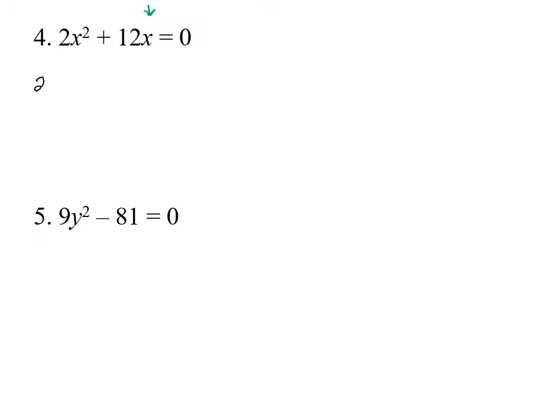And in this case, that would be a 2 and an x. 2x squared divided by 2x would just be 1x left over. 12x divided by 2x gives me 6. If I set each one of those equal to 0, I'll either get that 2x is 0 or x plus 6 is 0.